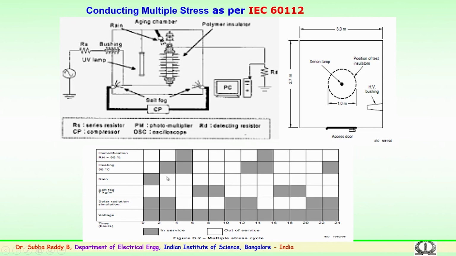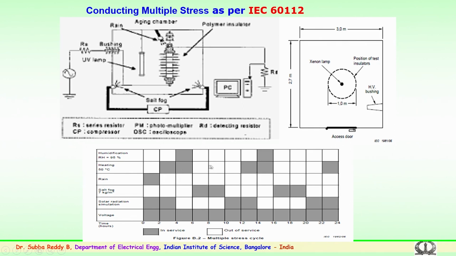Similarly, the rain composition is applied only for 2 hours in a day as shown here. Further, the temperature is applied totally for 10 hours. So, 10 hours is 4 hours continuous, gap of 12 hours, again 4 hours, gap of 12 hours, and 2 hours. So, this is the application of temperature.